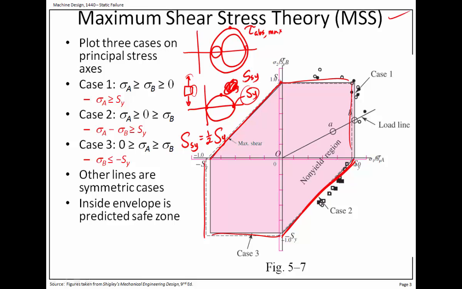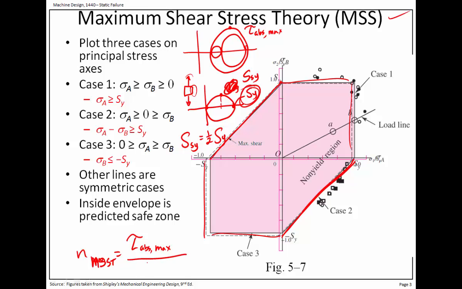So this is the yield strength, and this is going to be obviously 1/2 of that yield strength. So when we want to find a safety factor, then we'll do a subscript of the maximum shear stress theory, MSST, which is going to be the absolute maximum. We don't always have to write it this way, but I want to emphasize it.